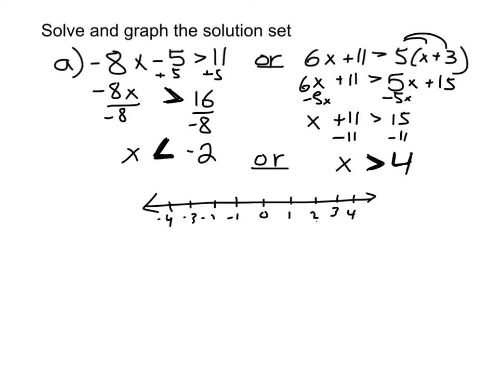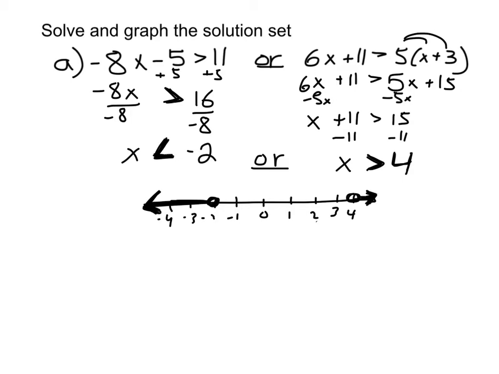At negative 2, I have an open circle, because I'm strictly less than. So x can be less than negative 2. Another possibility is that x is greater than 4. So all these answers that are greater than 4 are also valid.